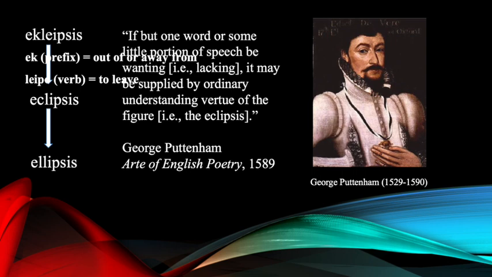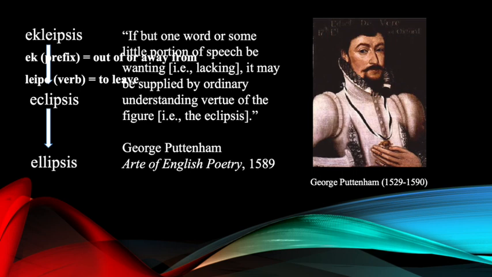And by the figure here, he means eclipses. So here, again, it symbolizes a lack, something that's gone missing. And we start to see this grammatical figure in printed versions of plays in England in the late 16th and early 17th centuries. And it shows up there, instead of 3 little dots, as 3 little dashes. It's called the eclipses.